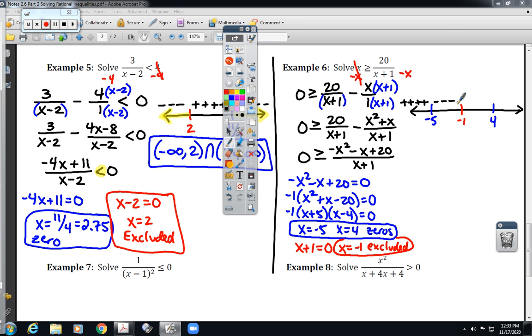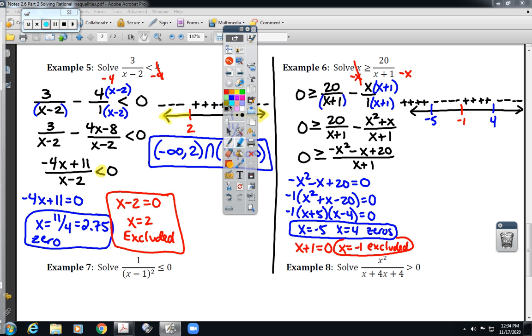So everything between -5 and -1 is negative. -1 to +4, we're going to plug in 0. That would be 20 over 1, which is positive. So everything in this section here is positive. And then something above 4, 5 is fine. That'd be -25 minus 5 plus 20, which is negative, over 5 plus 1, which is positive. Negative divided by positive is negative.